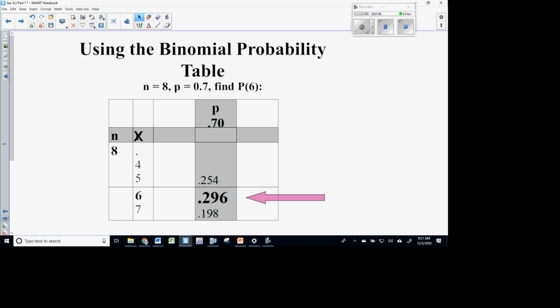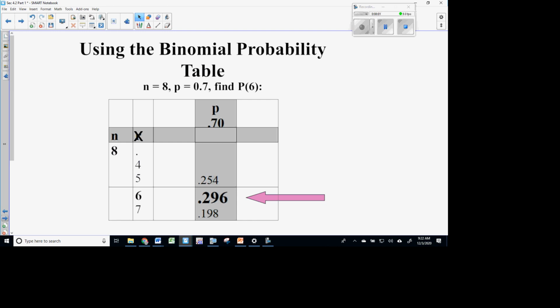So down the left side, can you see where it says n is 8? Now, for 8, your x could be 0, 1, 2, 3, 4, 5, 6, 7, 8, right? All the way down. Does that make sense? Then at the top is your p. In this problem, our p was 0.7.